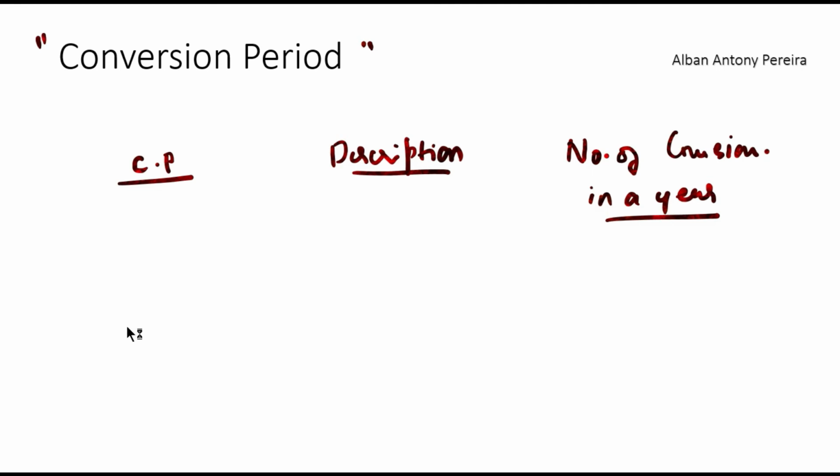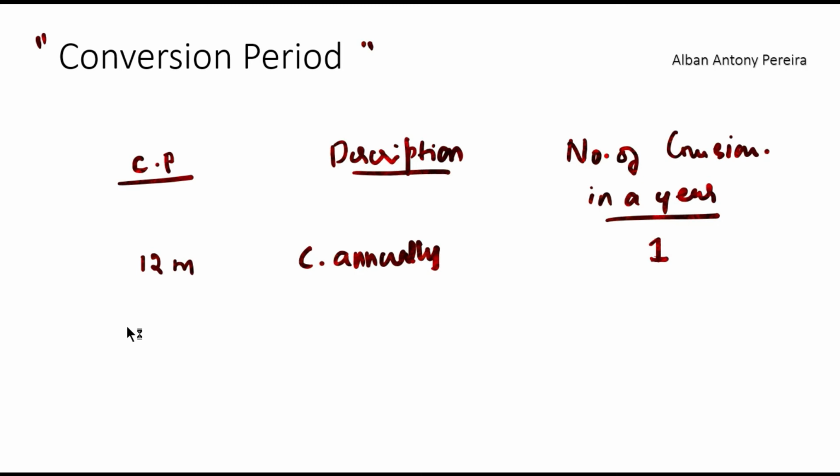It's very easy, just follow me so that you will understand it very easily, right? So just I'll write it here. If it is given as compounded annually in the question, then just write it like this. Compounded annually means just see how many months are there in a year. Annually stands for yearly. So conversion period is 12 months, right? And how many times a year comes in a year? One time. So number of conversions in a year is 1. Clear?